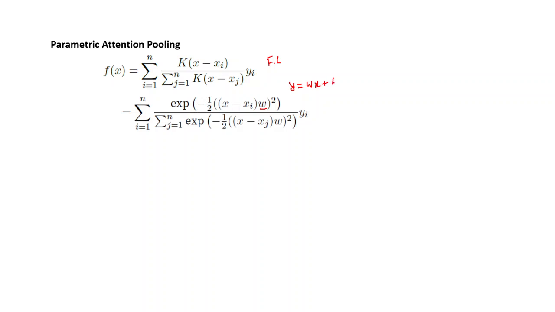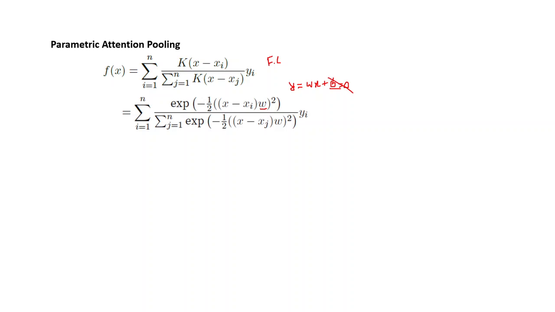This b is your bias and w is the learnable weight. Now we are setting this b to 0, or we can say we are setting bias to false.